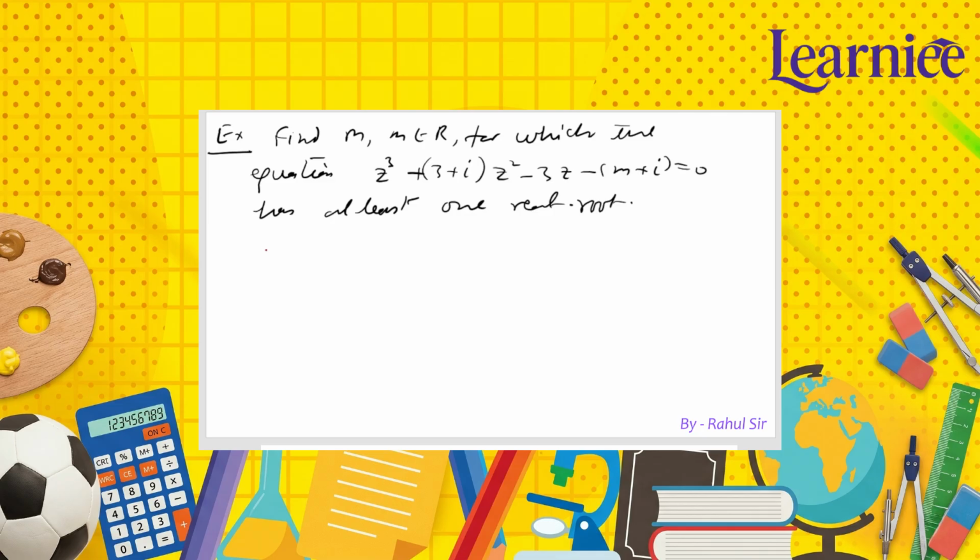Whatever the given condition is, the approach is simple. We substitute z is equal to, let's say, x plus iy, and then we compare the real and imaginary part on both sides.